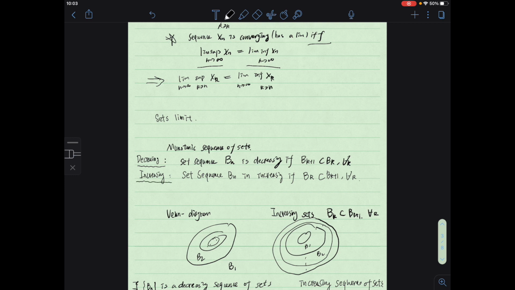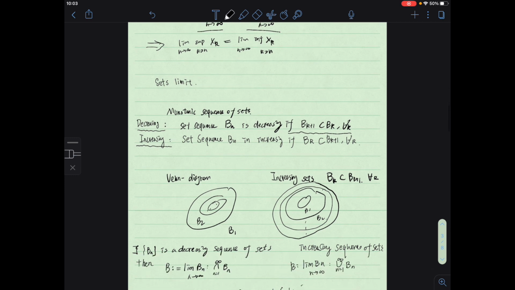So a decreasing sequence of sets is basically a sequence Bn that is decreasing if Bk plus 1 is always part of Bk. So if we draw that in a Venn diagram, B1 is the largest circle, and then we have a smaller circle B2, and then B3, and all the way.